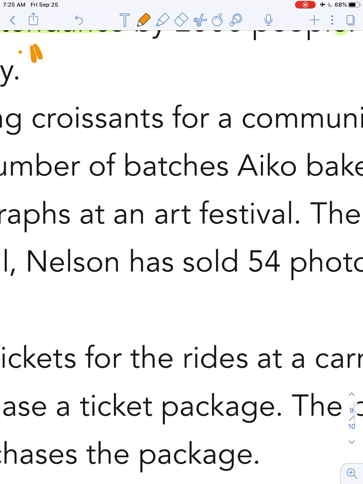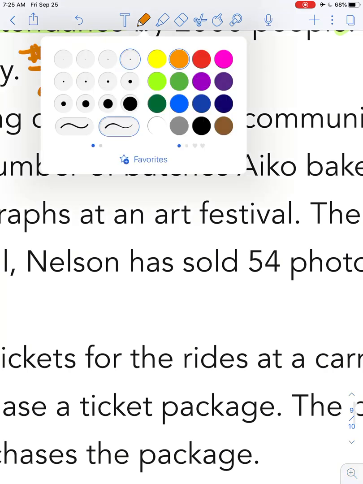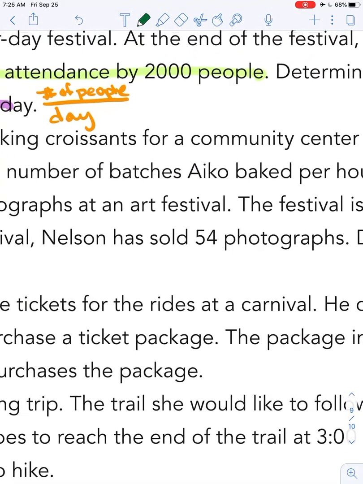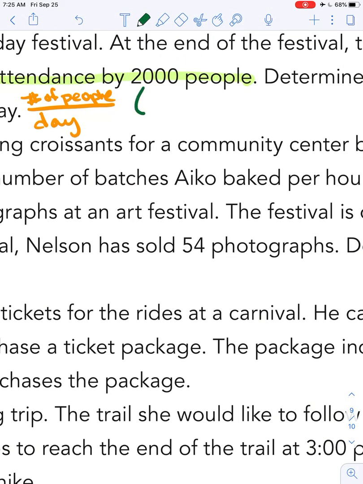Number of people per day. So if I'm putting that in parentheses, remember the dependent is on top, the independent is on bottom. So that's the days, how many days there were, and this is number of people.